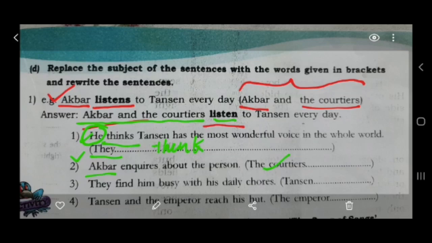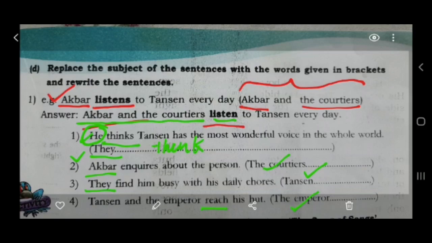Now here the subject is they. You should change that subject with Tanzan. And the last one, Tanzan and the emperor reach his hut. Reach is the verb. Now what is the subject? Tanzan and the emperor. Now you should change it with the emperor only.